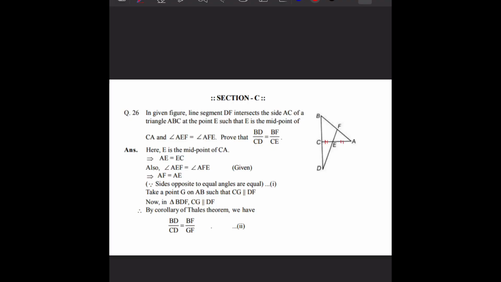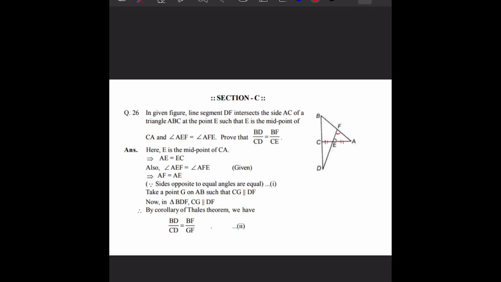Angle AEF in this angle is equal to AFE, this angle. If these angles are equal, this side is also equal to AE. AE equals to EC is already given because E is a midpoint. This is also given. As we know, AF equals to AE.